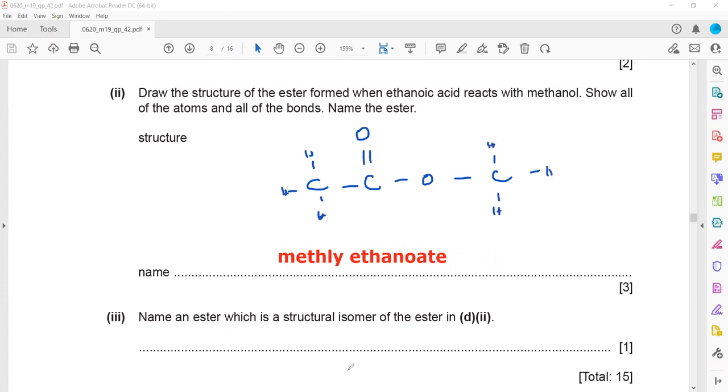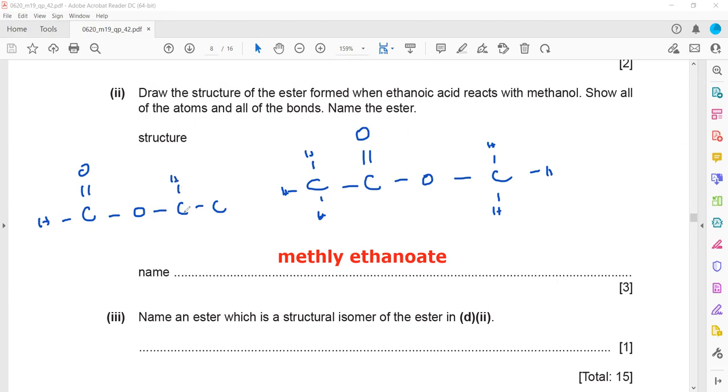How can I change this structure to draw an isomer? If I want to draw an isomer, what I can do is move this carbon to the other side, and the hydrogens will be here only. Right now there is one carbon on the right hand side and two carbons on the left hand side. But if I switch the position, I put two carbons on the right hand side and one carbon on the left hand side.